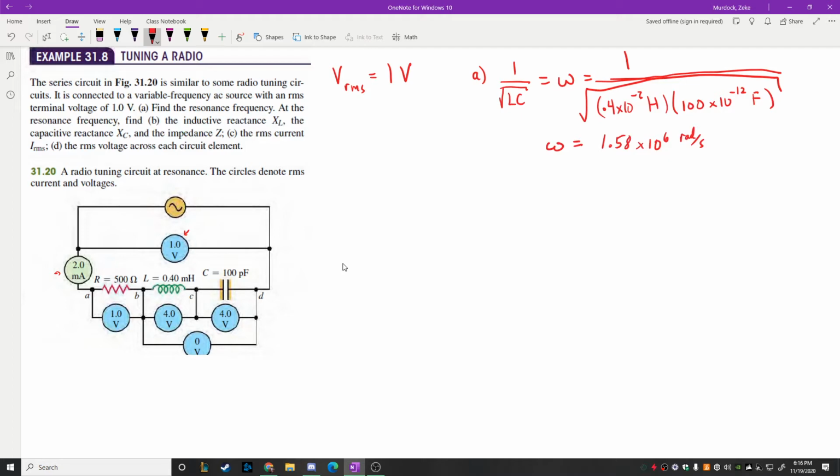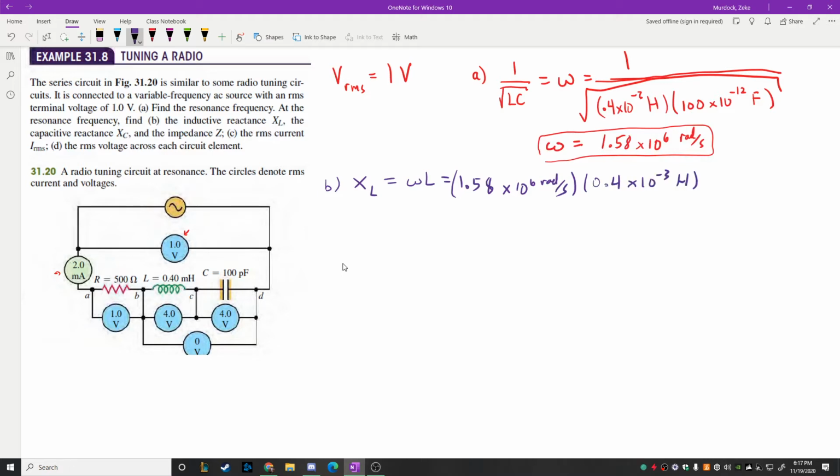Any questions about that? Do you guys get the same thing? Okay, great. X_L is the next question, the inductive reactance. To get that, we just do omega times L. So we would get the thing we just got, 1.58 times 10 to the 6th radians per second, multiplied by the inductance, which was 0.4 times 10 to the minus 3 henries.